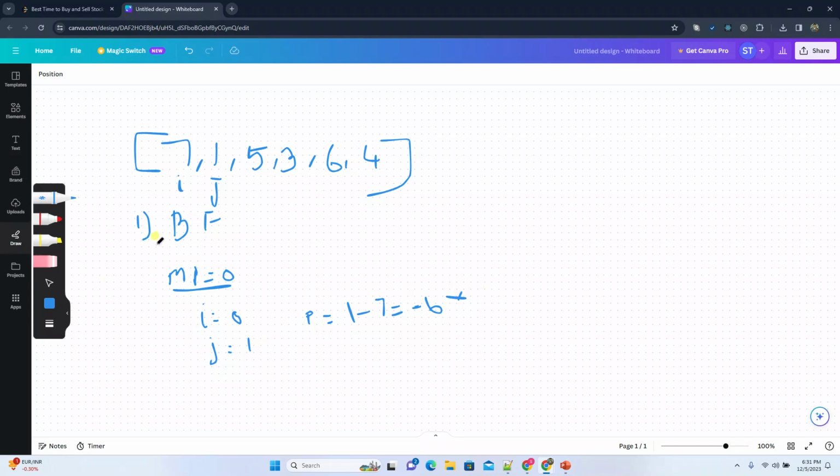We can't take this value. Next, we move j to the next position, j equal to 2. The value there is 5, and 5 minus 7 gives minus 2. This is also not greater than the maximum profit we have so far, which is the initialized value. So now we'll move j.